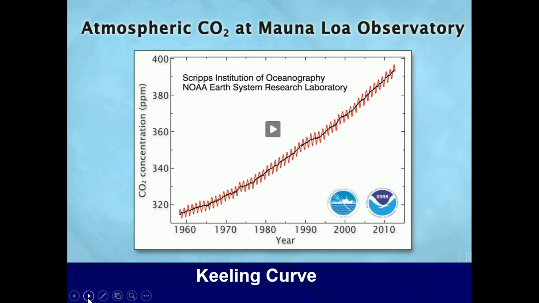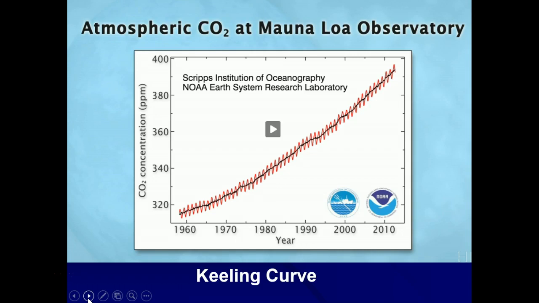So when we get an ice core that's really deep, and some of these are huge, for example, if you go to Antarctica, they're like 14,000 feet deep. And so you have thousands and thousands of years of a CO2 record.